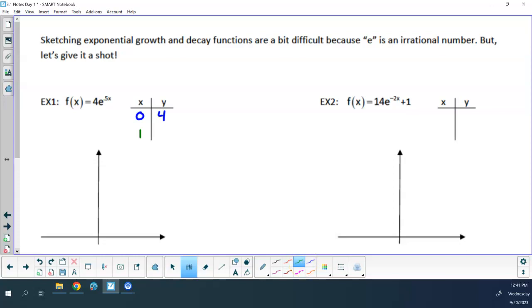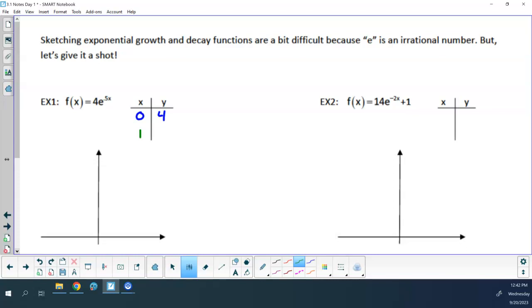So let's take E just as 3 for right now. We're going to do this without a calculator. 0.5 times 1, 0.5. E to the 0.5 power is like the square root of E, right? So 3 is like E, let's say.